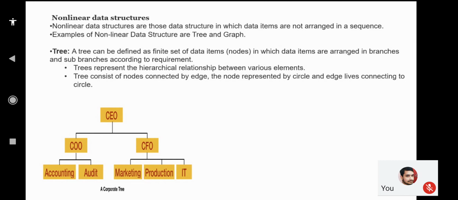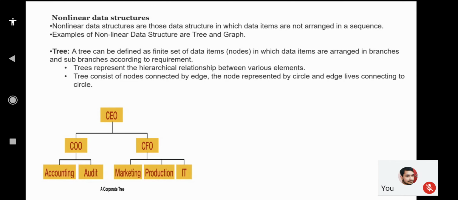So here CEO is the root, and here we can say 5 is the root. All other nodes like COO, CFO, or here 6, 7 are known as intermediate nodes. So basically three kinds of nodes are there in a tree. First one is the root, from where the tree will start.